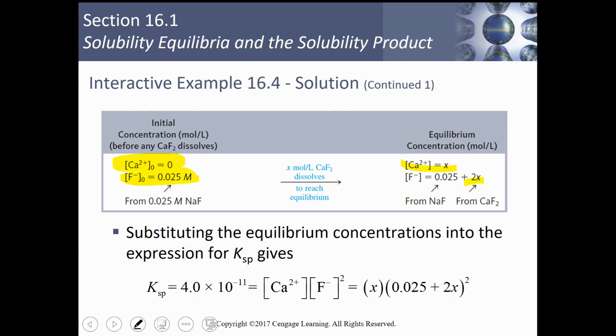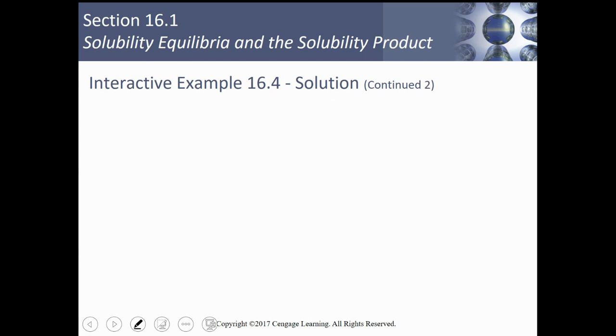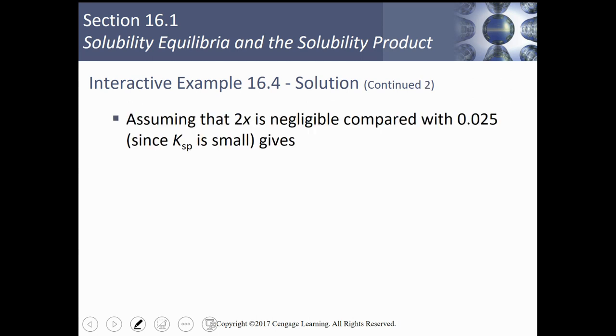So substituting that in there, you're going to have X, which was the calcium, and then 0.025 plus 2X, and then remember to square it. Just like we did in the last chapter with acids and bases, we're going to take that 2X and assume that it's small or negligible compared to the initial concentration, especially because they gave you the KSP.